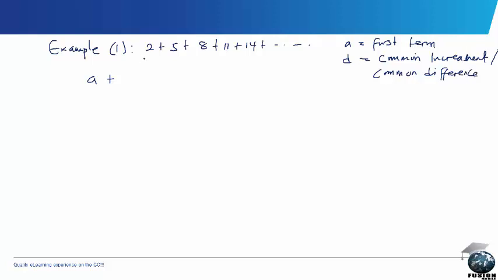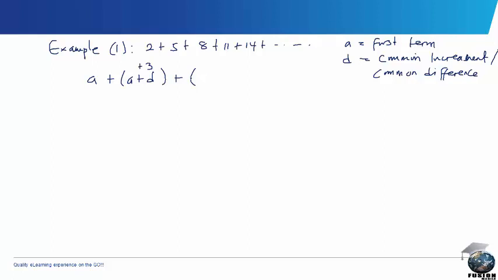The next value is obtained by adding a particular value to a to get the next digit, which is the constant difference: a plus d. In the case of this, you add 3 to a to get the next digit. Then to get the next digit, which is 8, you add a difference of 2 3s to a.